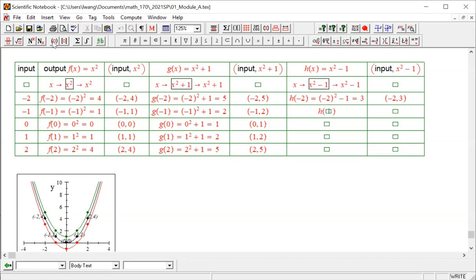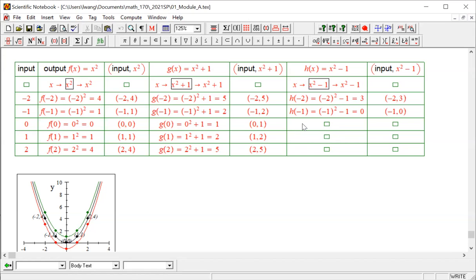For example, for the input -1, it's going to be -1 squared minus 1, and that is going to be 0. So the next point is -1 comma 0.